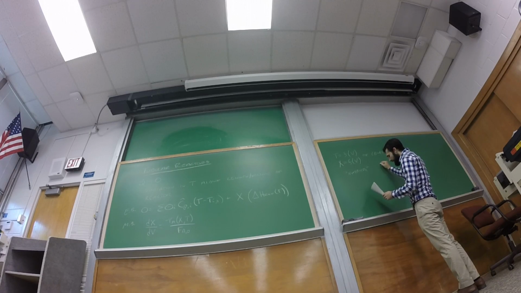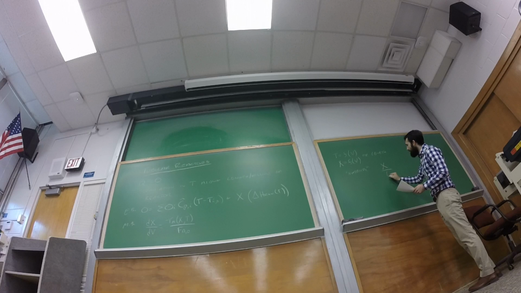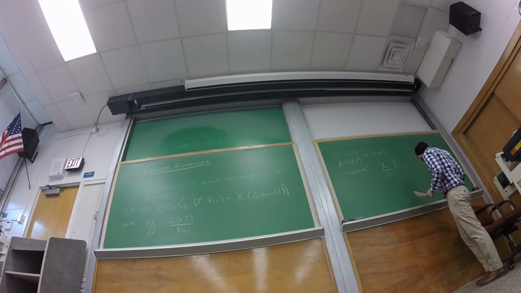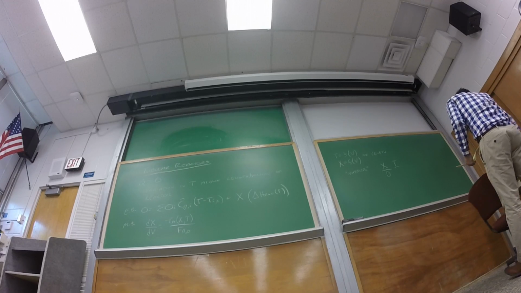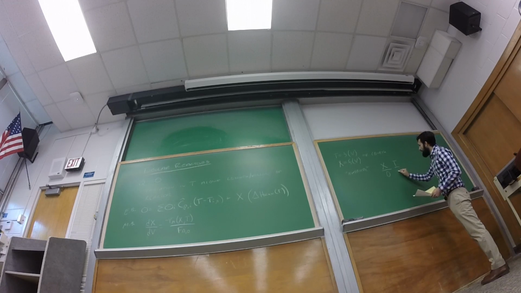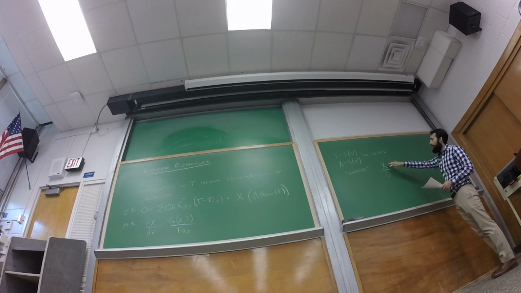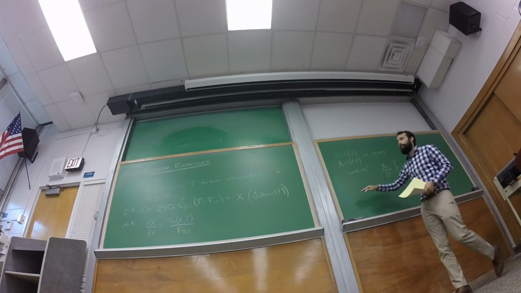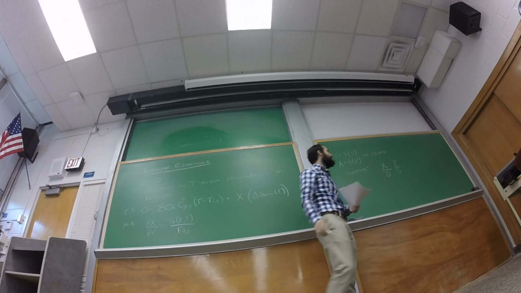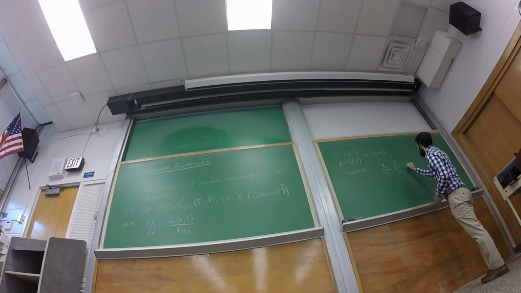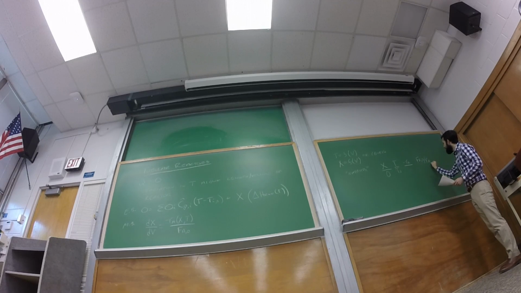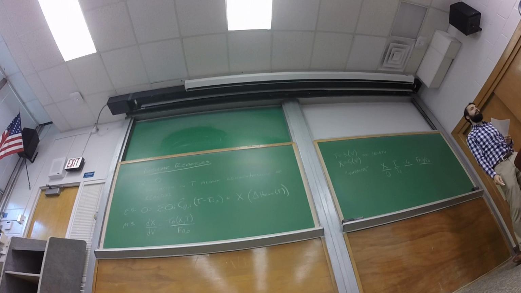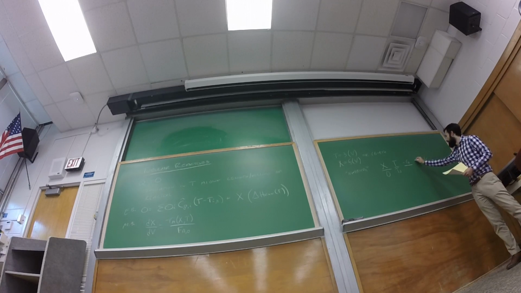What he does is he sets up a table, and you set a conversion, then you calculate a temperature at that conversion. Once I have both a conversion and temperature, I can calculate a rate, right? And then from FA naught over RA, what can we do with that? Put a sign there.